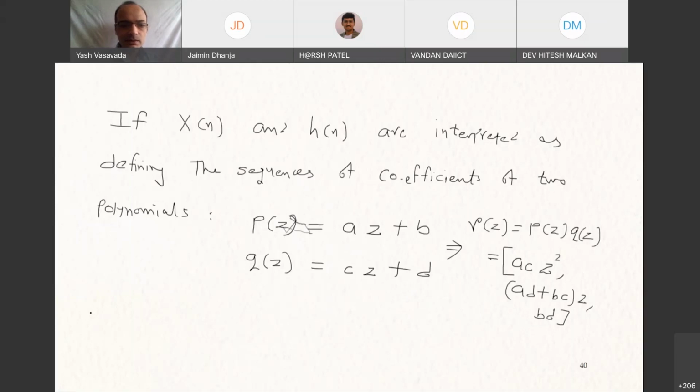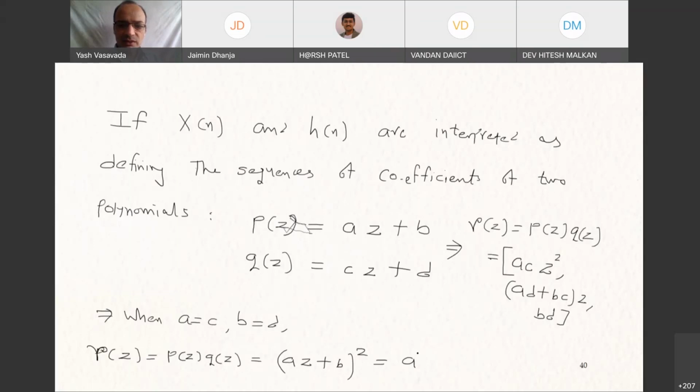And therefore, when A is equal to C and B is equal to D, R of Z, which is the product of P of Z and Q of Z, just becomes AZ plus B whole squared, which is no wonder A squared Z squared plus 2AB times Z plus B squared.